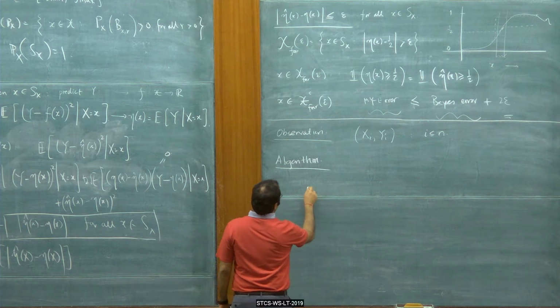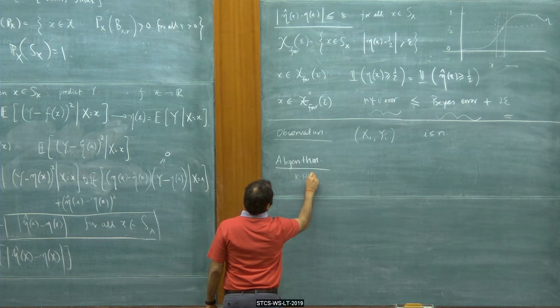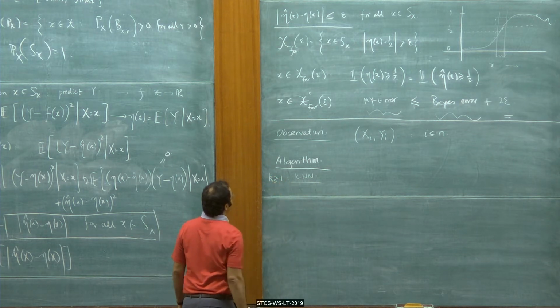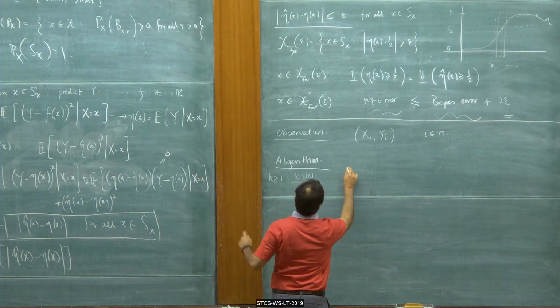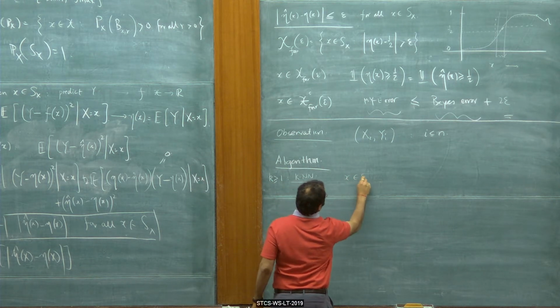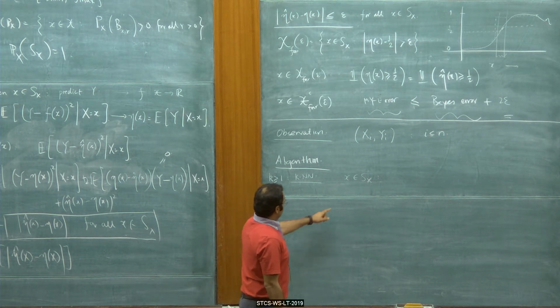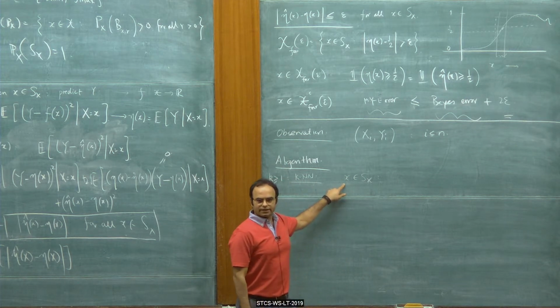First I'm going to talk about the k nearest neighbor algorithm. Think of k as some integer greater than or equal to 1. The setup is that I am observing some x in my support, and I want to predict y. How am I going to do that? I'm going to look at all my data points and order them with respect to x.